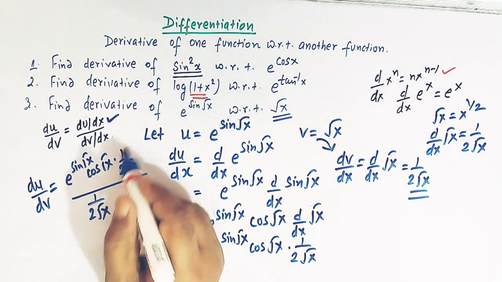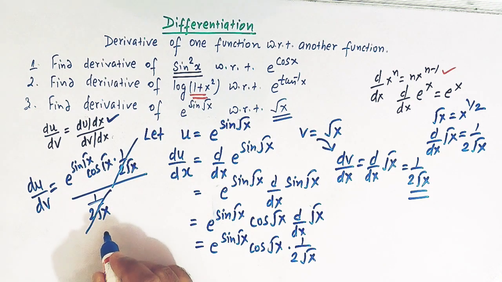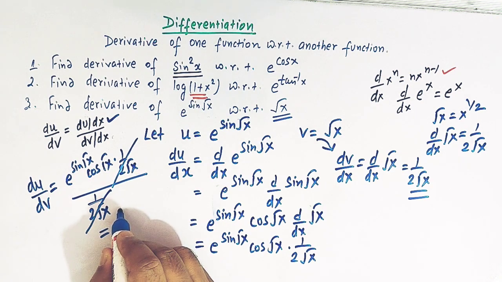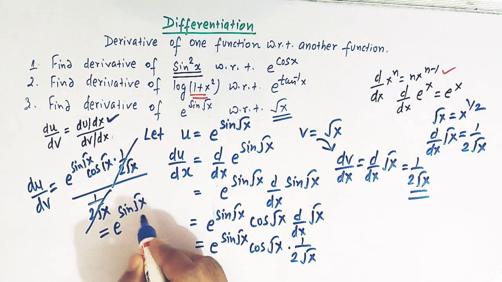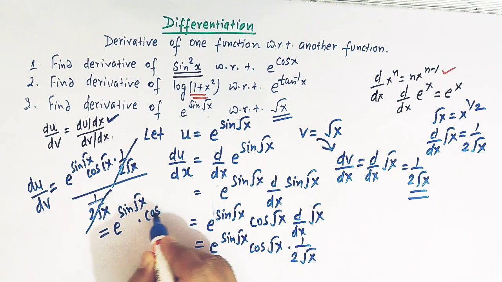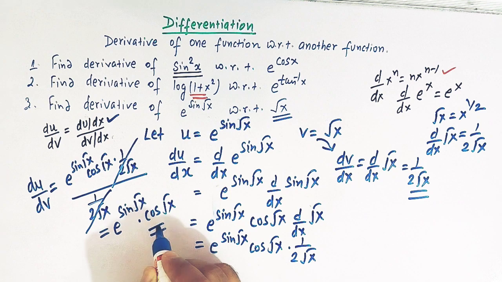We can easily see that these two terms get cancelled, and we are left with e^(sin √x) multiplied by cos √x. So this is the required derivative. Viewers, this is how we can find the derivative of one function with respect to another function.